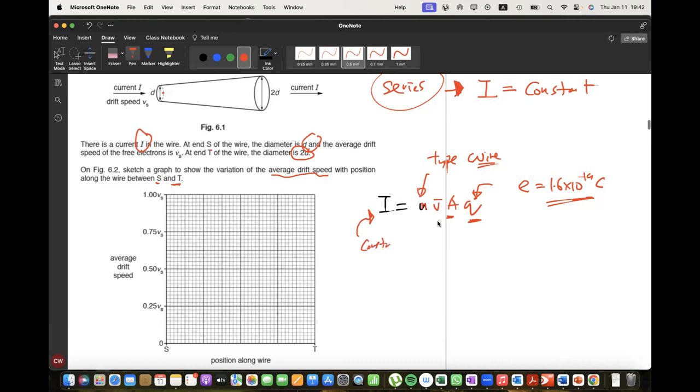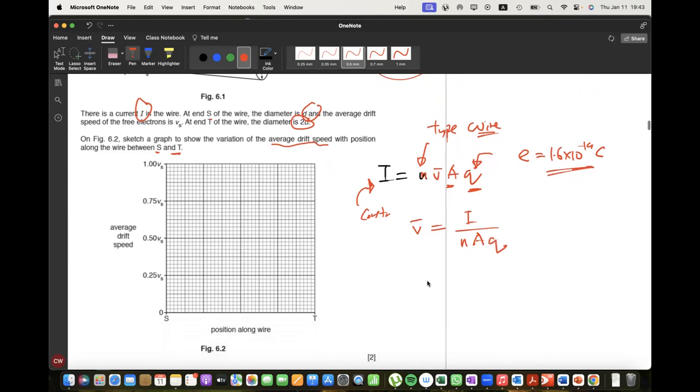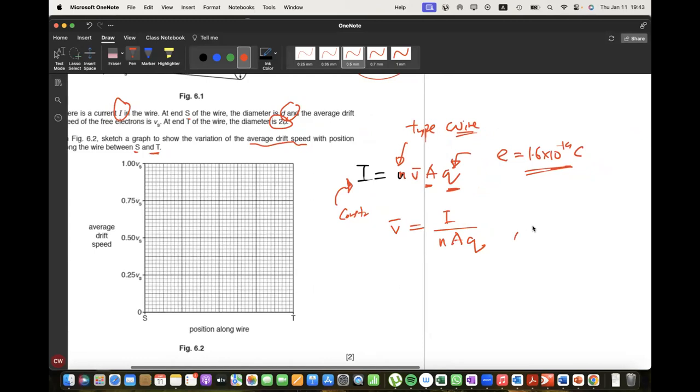So normally everything will be constant except two things. Can you see that constant, constant, constant, except these two are not constant? So v is I divided by NAQ. All the things which are constant, I and Q, are constant.